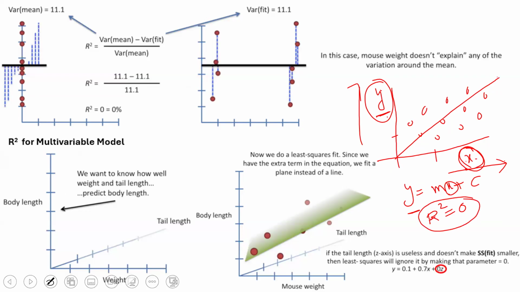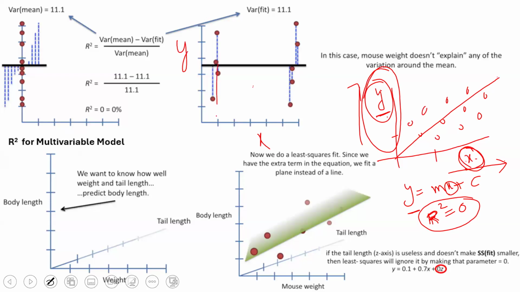Because r square tells us how much variance, what is variance, the deviation or the data distribution, along y is explained by the x. If you look at this case, y cannot be predicted by using the value of x.